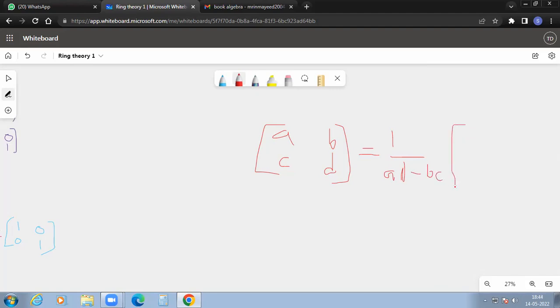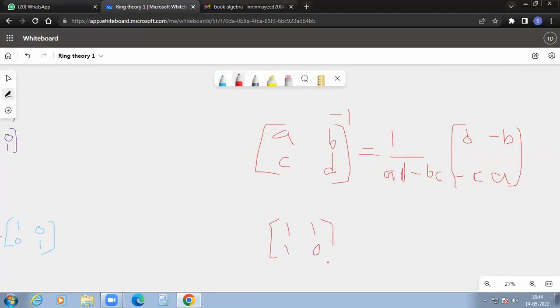And you find the adjoint. In the case of the adjoint, what happens? The positions of d and a are interchanged, and b is negated and c is negated. This is the inverse of a general 2 by 2 matrix. Now let us deal with the matrix with entries 1 1 1 0 here.